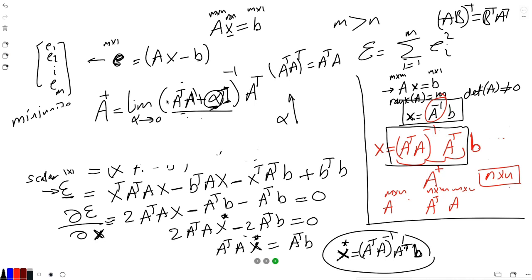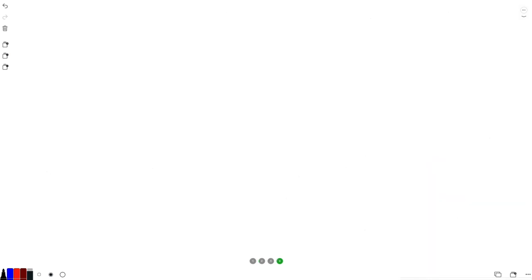Okay, now let us continue to the singular value decomposition. We have already seen in the previous session that a matrix A can be eigen decomposed or factorized into three matrices: X times the diagonal matrix with the eigenvalues, times X inverse.